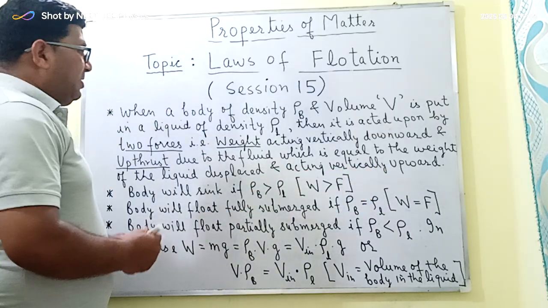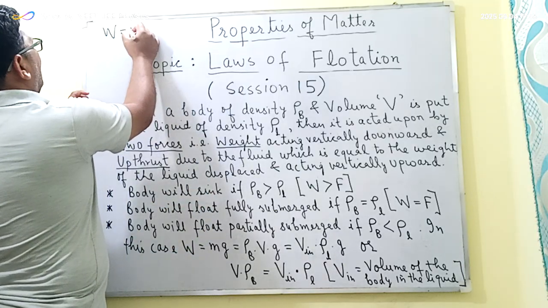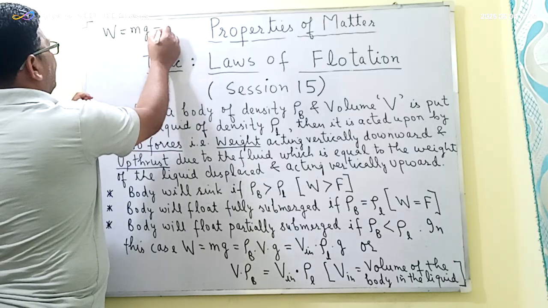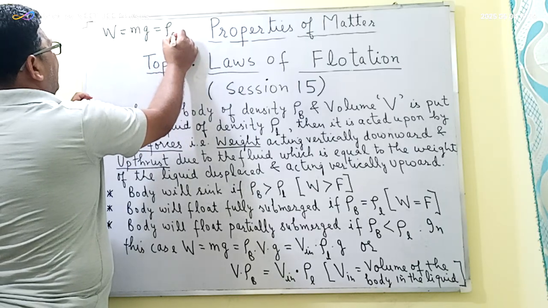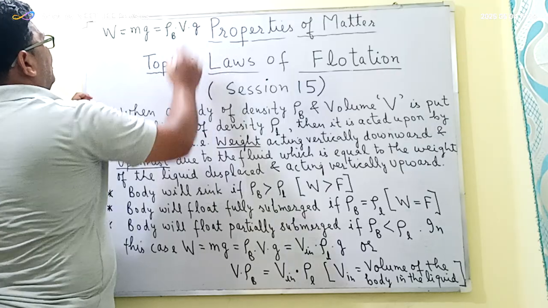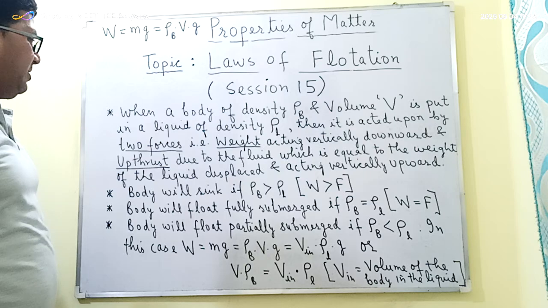and this upthrust acts vertically upward. Now here the weight of the body will be equal to the mass of the body multiplied by the acceleration due to gravity, and the mass will be equal to the density of the body multiplied by the volume, into g, where g is the acceleration due to gravity.